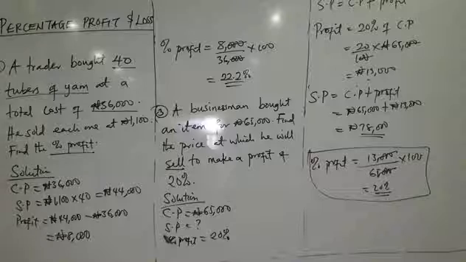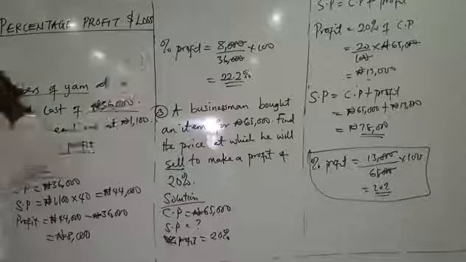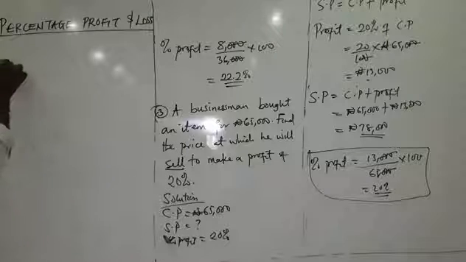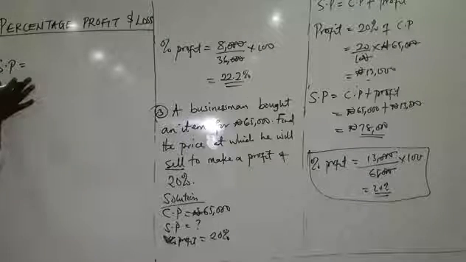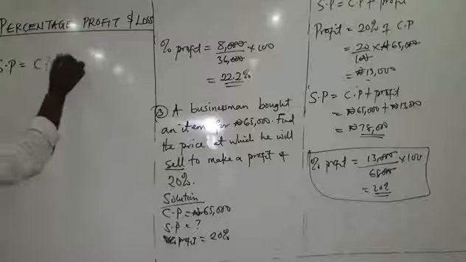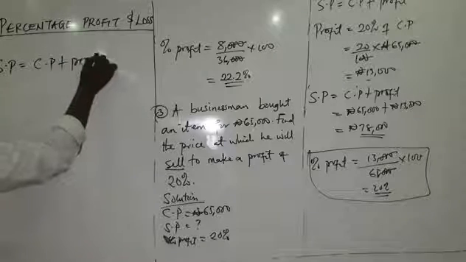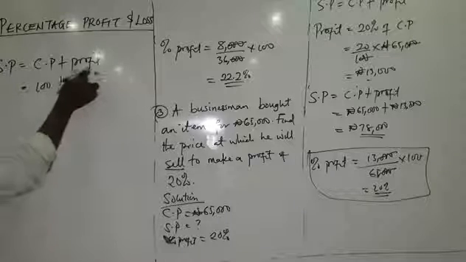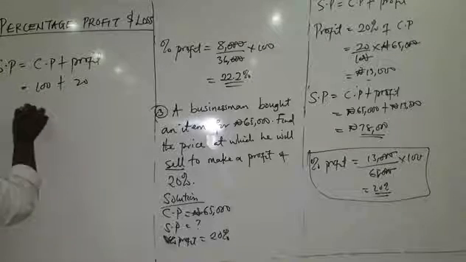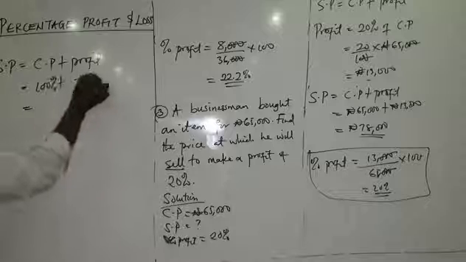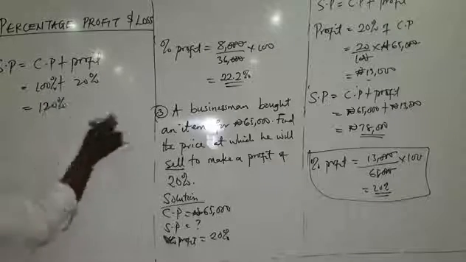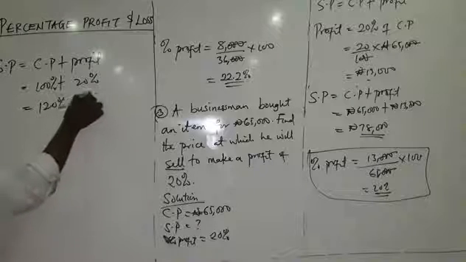Let's look at another method of calculating this. We want to find the selling price. Your selling price is cost price plus profit. I hope you agree with that. Now, the cost price is the 100%, while the profit is 20%. This will give us 120%. So that is 120% of the cost price, multiplied by the cost price.